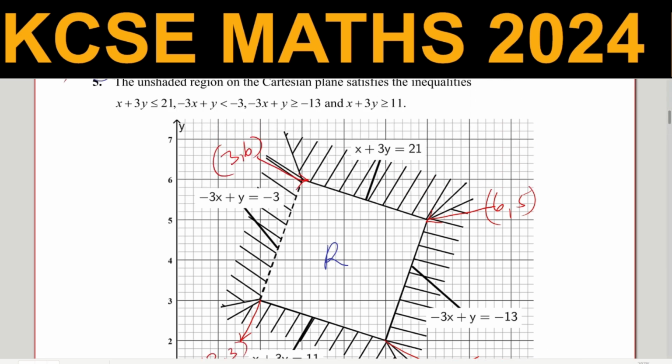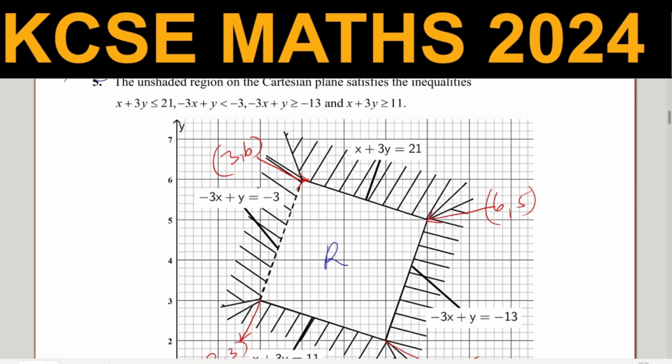It's also very important to note that the maximum or the minimum point doesn't have to lie exactly at the corner. It can even lie somewhere inside the feasible region. So I will test the corner points, and then I will pick several others inside.